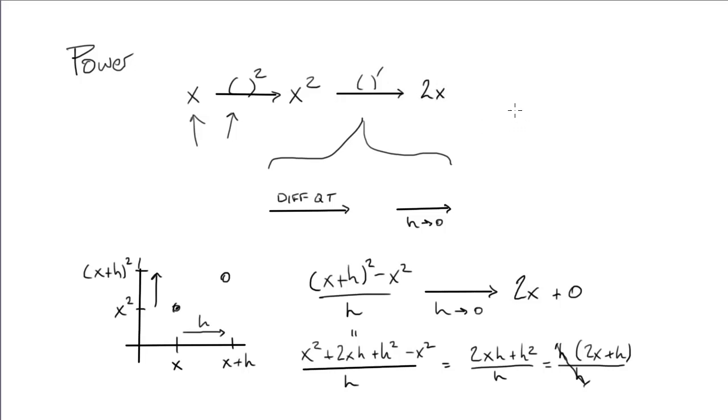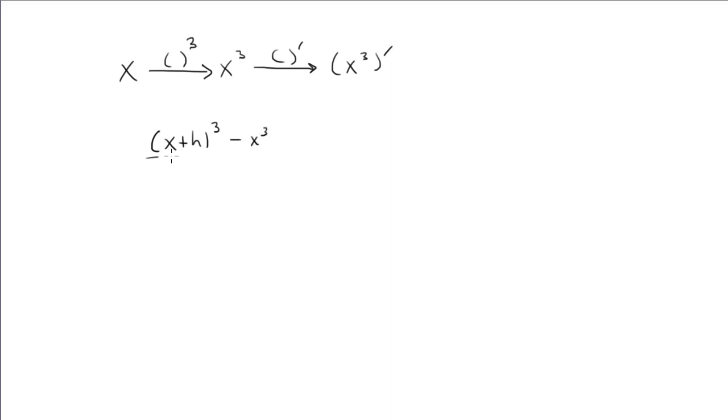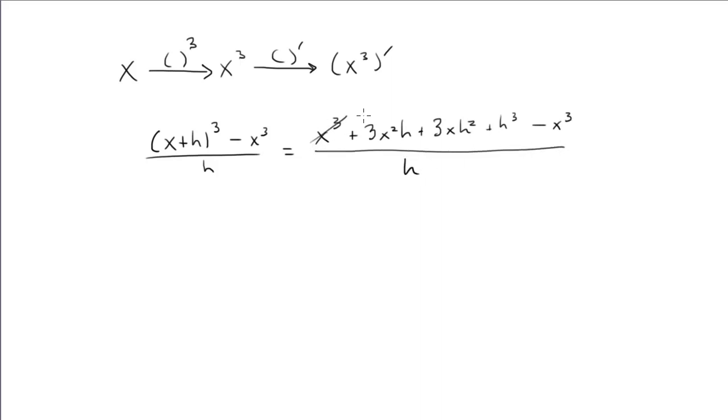Another way of saying the exact same thing is x gets squared, then differentiated, and I get 2x out. Let's do the cube. x and the cube are being differentiated, so I set up my difference quotient, expand, collect, and factor.